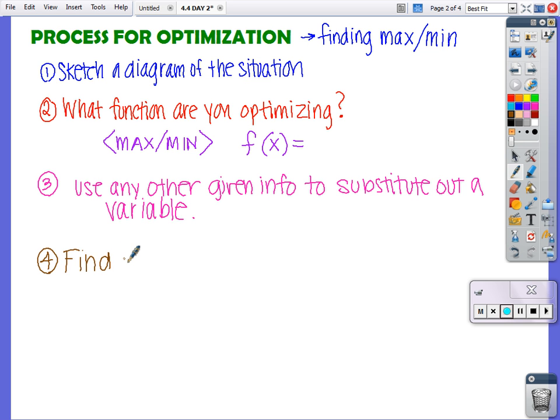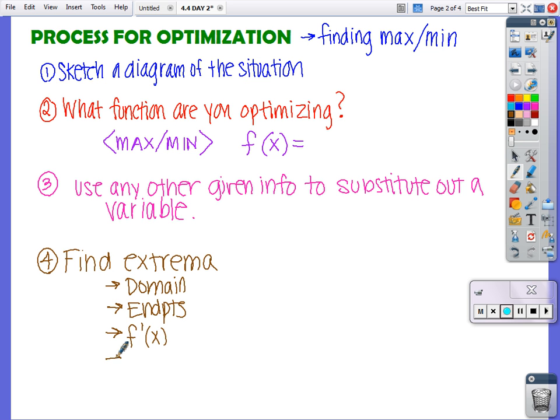And I am purposely going to write this with our 5 steps. First step, your domain. Check if there's a realistic domain. Check if that domain ends up giving you endpoints. Find f prime of x. Set f prime of x equal to 0 or undefined.